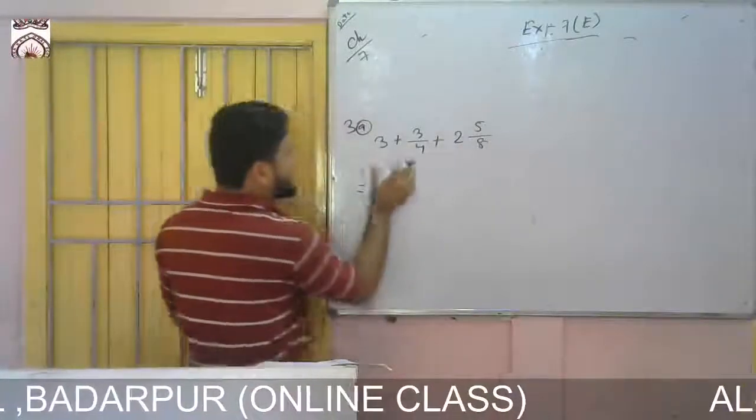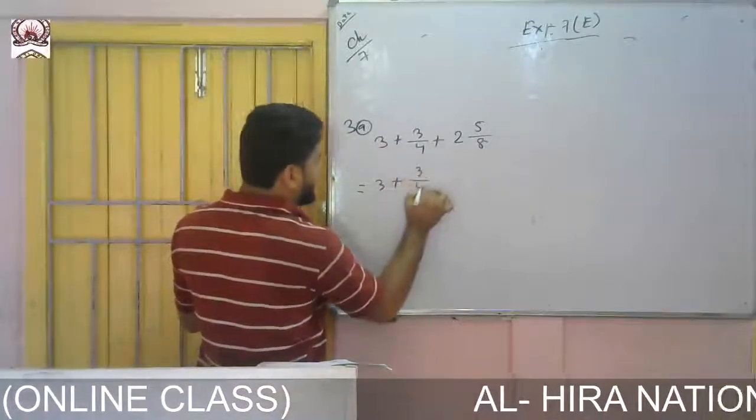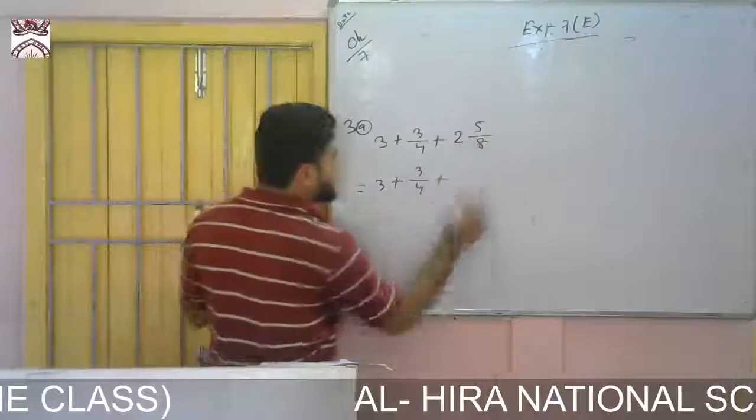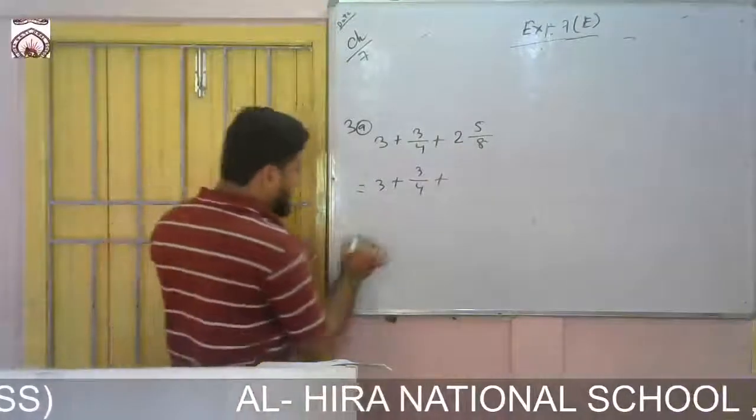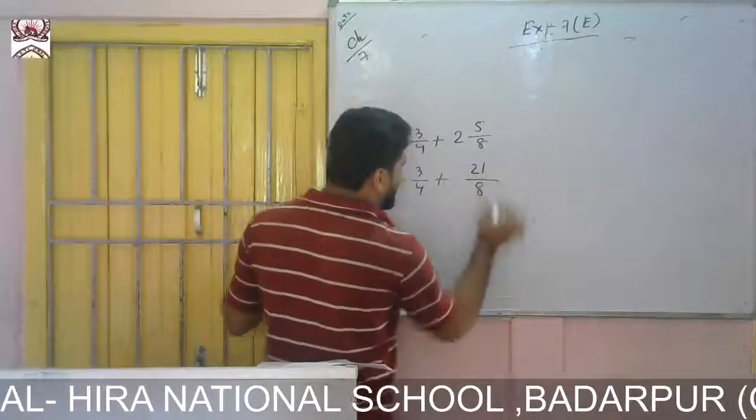Okay. So first you break this one. 3 plus 3 by 4. Keep this one and break this one. 8 2s are 16, 17, 18, 19, 20, 21. So it is what? 21 by 8.